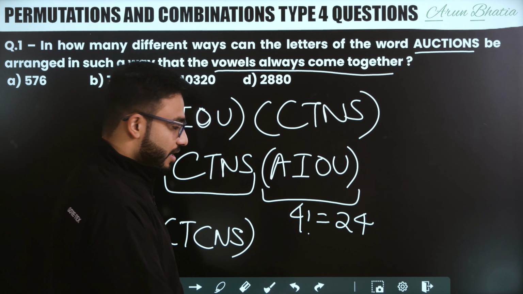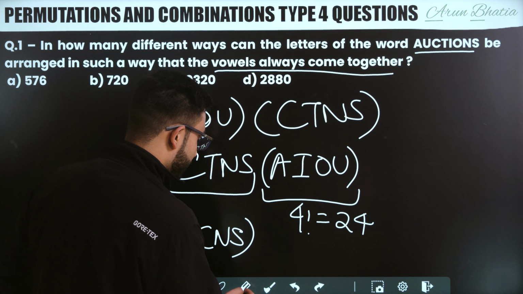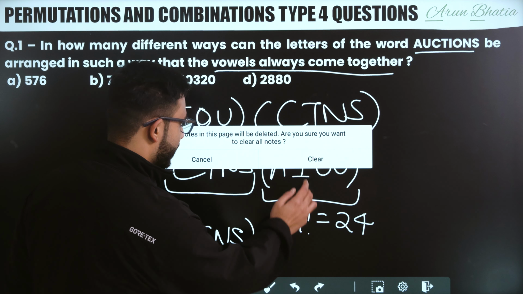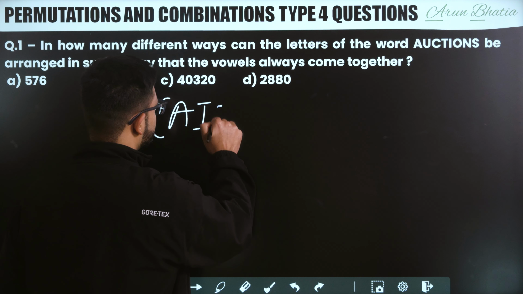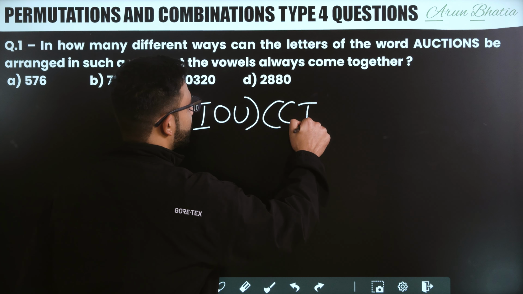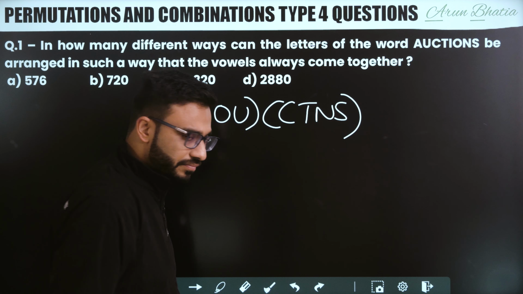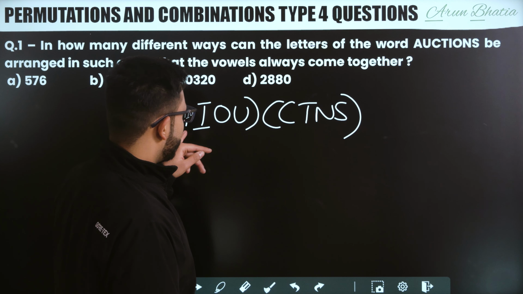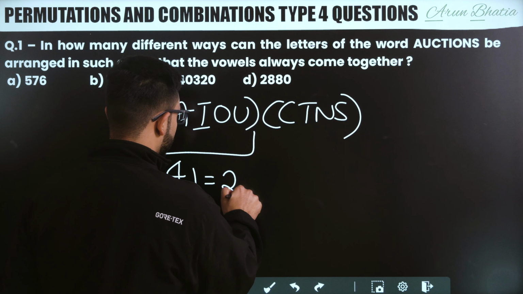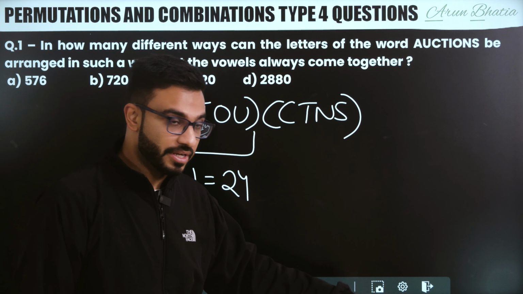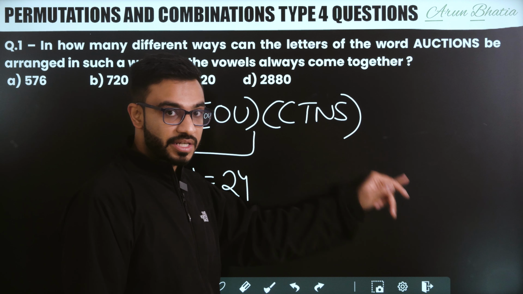Now let's write this in equation form. I will erase everything again and restart. So let's write the vowels, and here are the consonants. Let's first just count this. This is 4 factorial, 24 different ways the vowels can be arranged. But you also have this, CTNS.